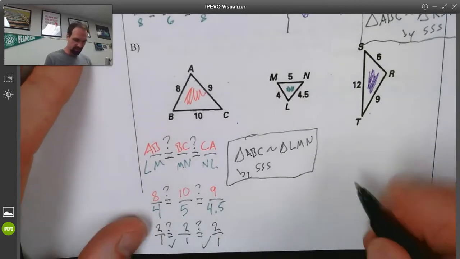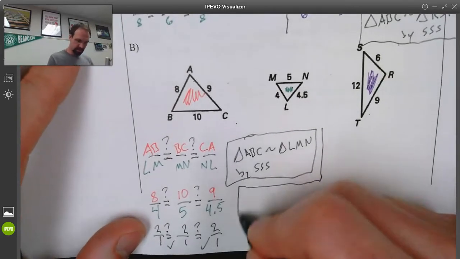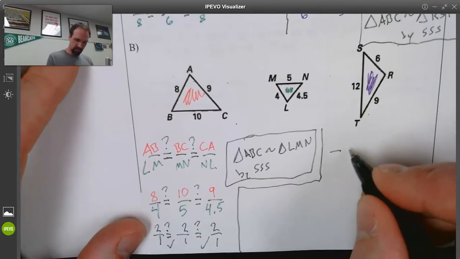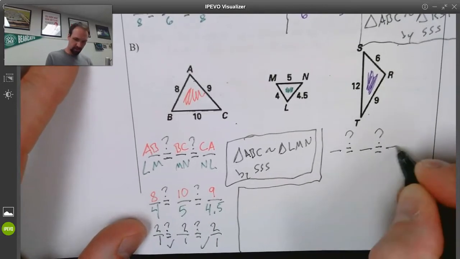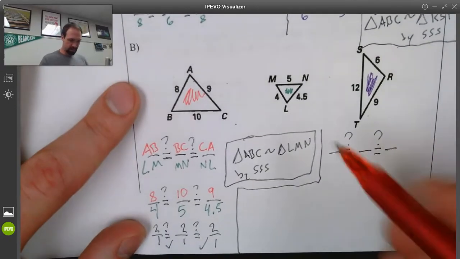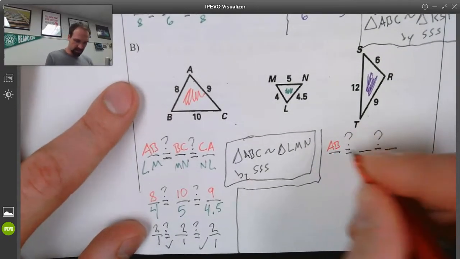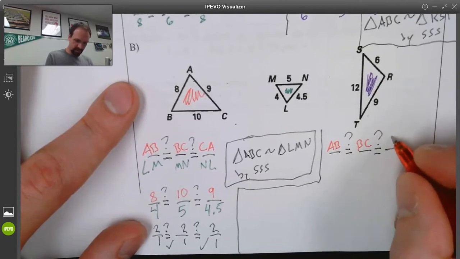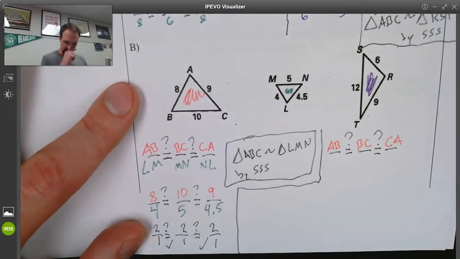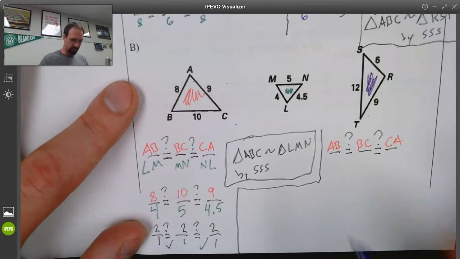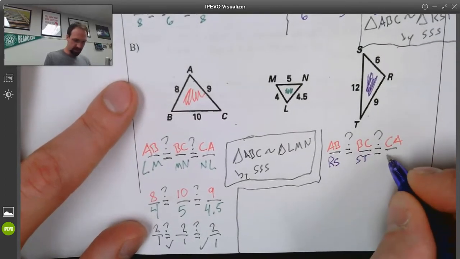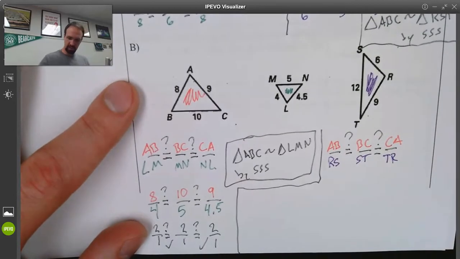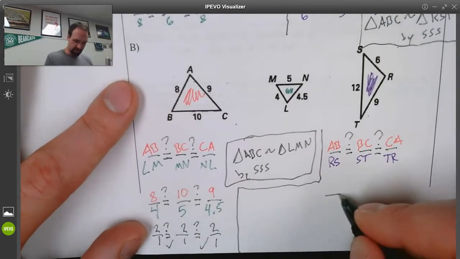So setting this one up. So fraction bar equals question mark, fraction bar equals question mark, fraction bar. So A to B, B to C, C to A, and then for my other triangle, that would be R to S, S to T, and T to R. And I'm just going to check to see.